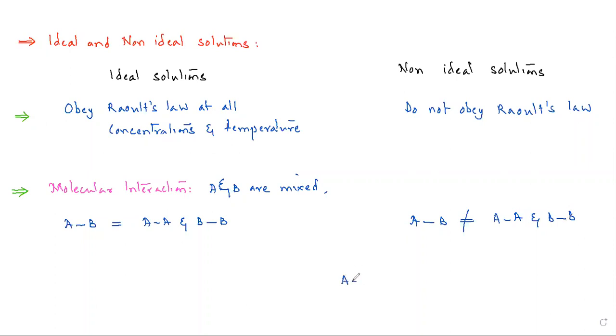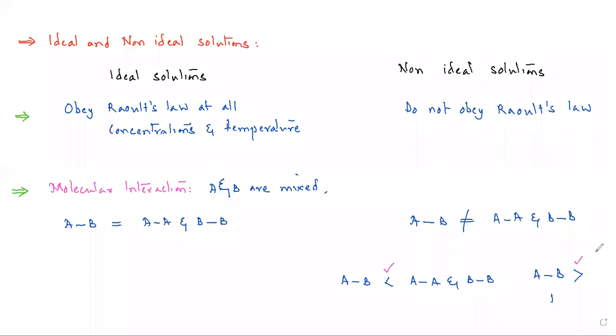They may be either less than the interactions between the molecules of A or the molecules of B, or it may be greater. I mean, after mixing, interactions may be less or more.